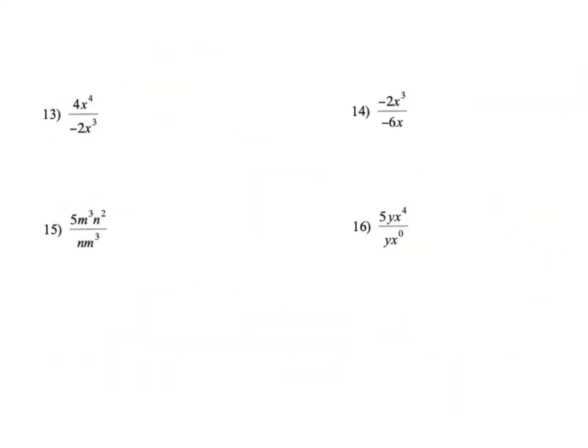For this last set on this front page, these all look like division problems. And we learned if we're dividing and the bases are the same, we keep the base and we subtract the exponents. Okay, that's when the bases are the same. So looking at my first example, these bases are not the same.